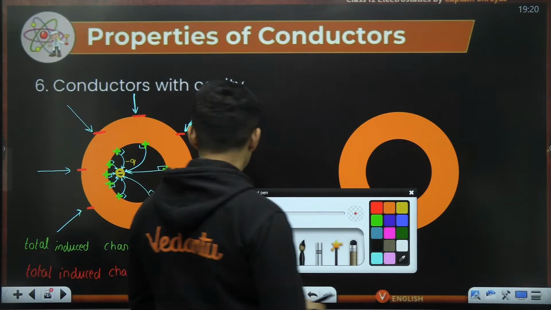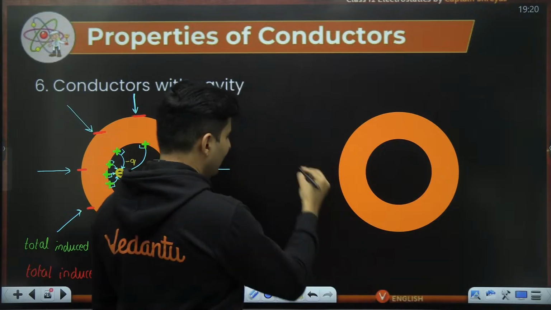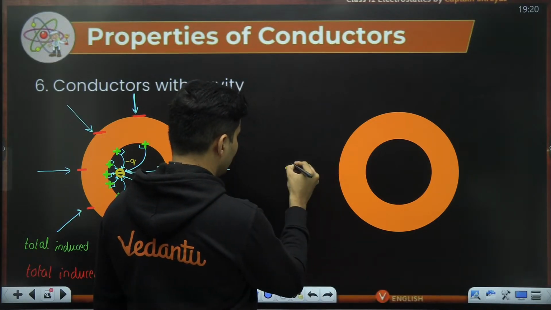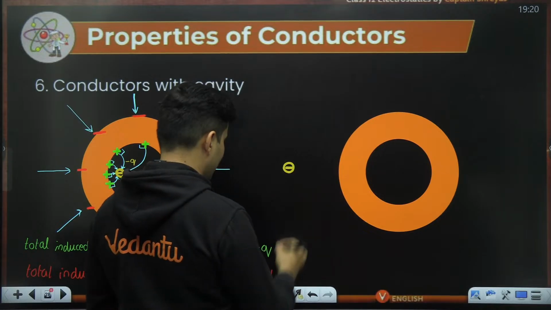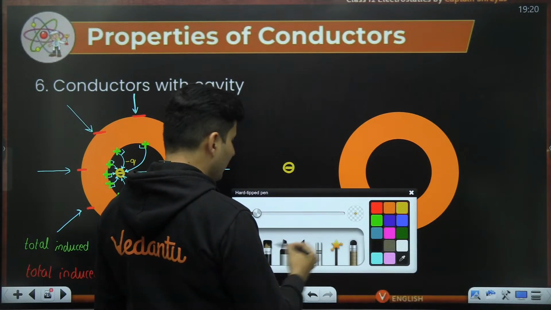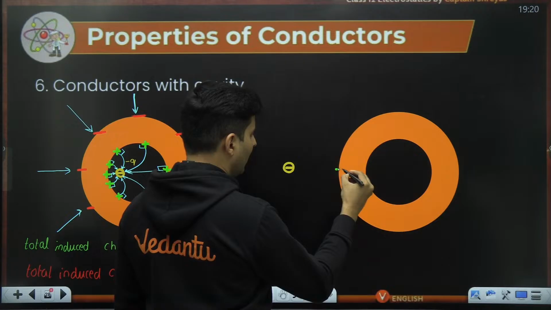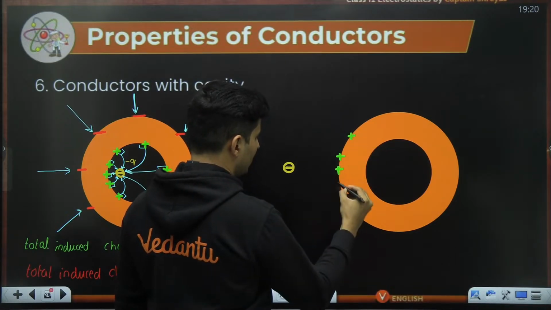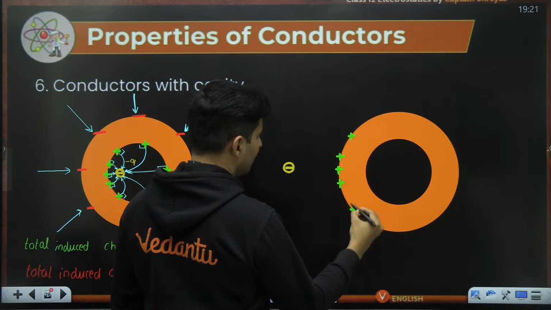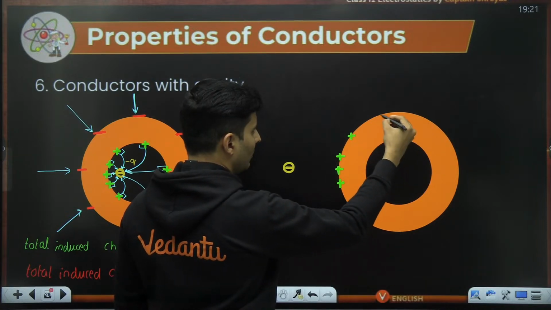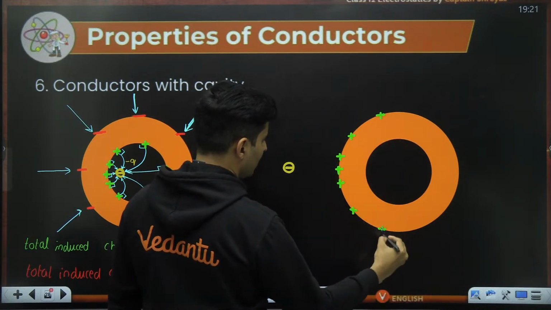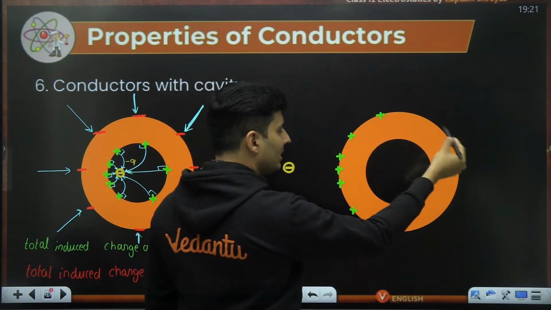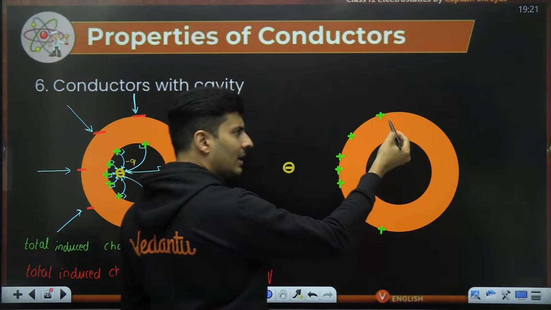Imagine the charge being outside. Just imagine a similar charge being outside right over here, like this. Now what will happen? It will start asking the positive charges, hey, come near me. So there will be a lot of positive charges around him like this. These positive charges have come because they are like vacancies.